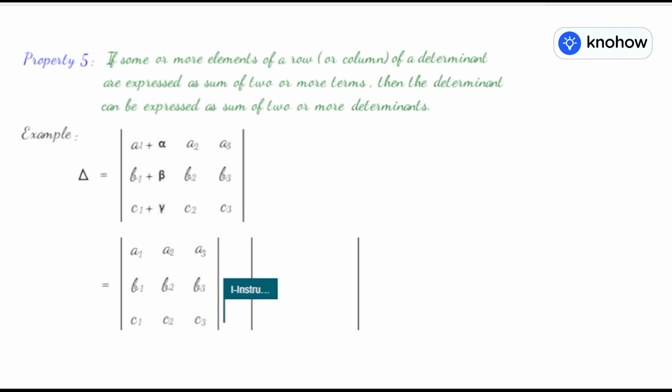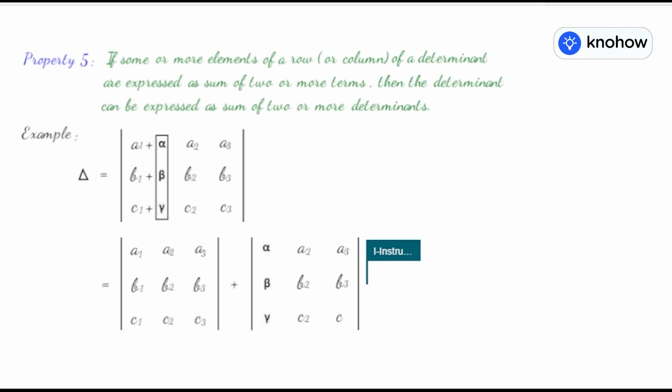In that the elements of the first column will be alpha, beta, gamma instead, and of course the rest 2 columns A2, B2, C2 and A3, B3, C3. That is, the elements of the second and third column will remain the same. That means the given determinant delta may be expressed as sum of 2 determinants, say delta 1 and delta 2.